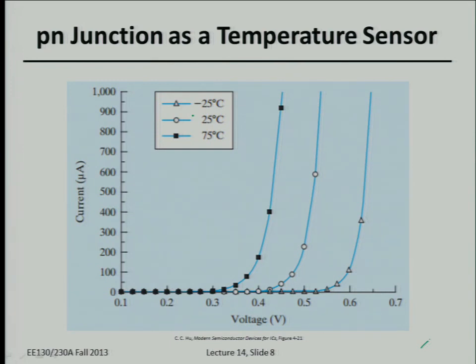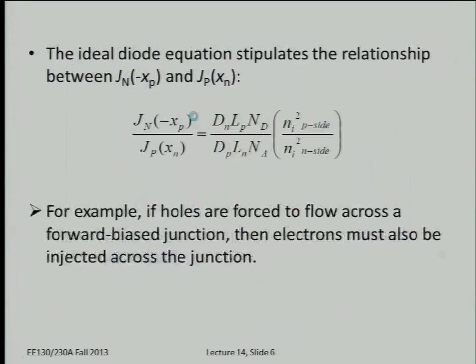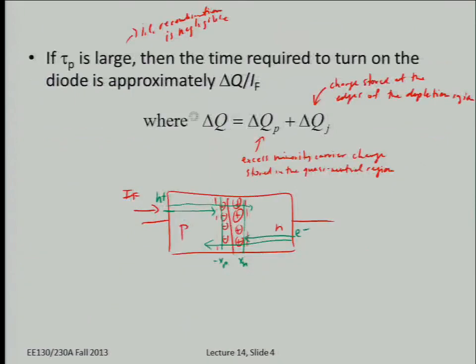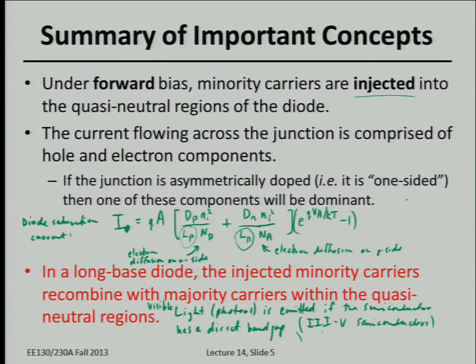You remember from your homework? Well, let's say qualitatively. Maybe I should draw under forward bias. Well, that's not really forward bias. That's kind of like under forward bias, right?